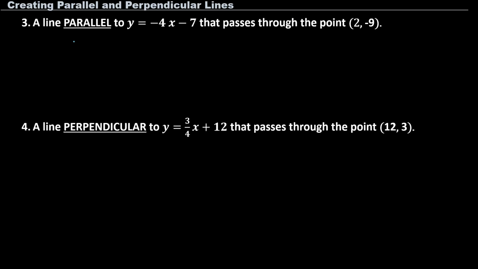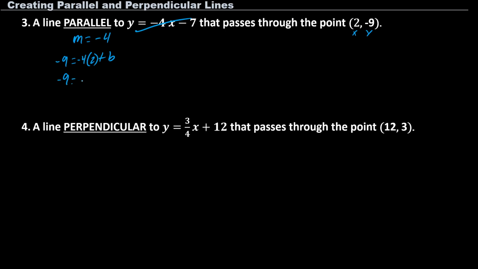So for parallel, m, my slope, is going to be the exact same as the original. Now that I have the slope, we can throw away the rest of that equation. So y is equal to mx plus b, but I know my x and my y, I know my m, so I can do negative 9 is equal to negative 4 times 2.